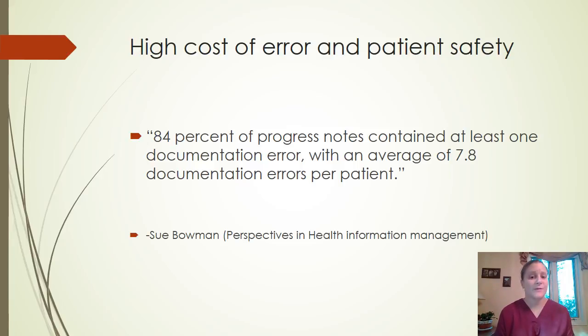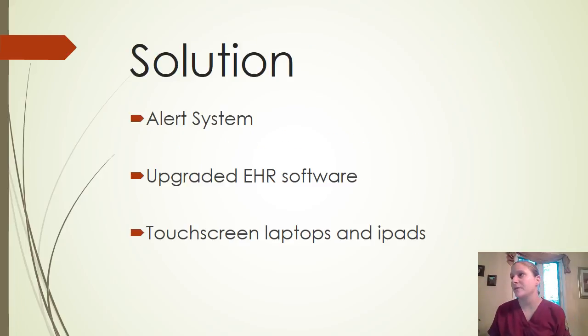She wrote that 84% of progress notes contained at least one documentation error, with an average of 7.8 documentation errors per patient. That is a lot of erroneous material that can be decreased with a little bit of structure and a little more guidance.